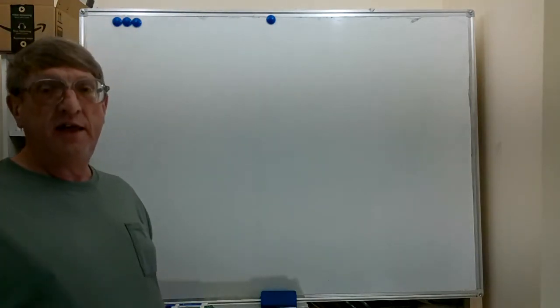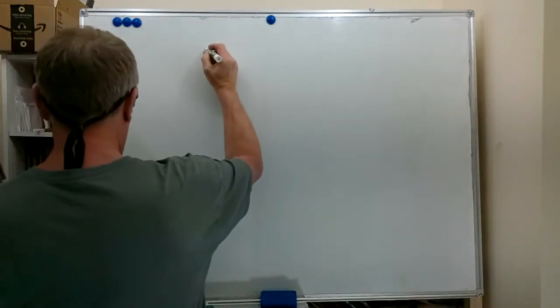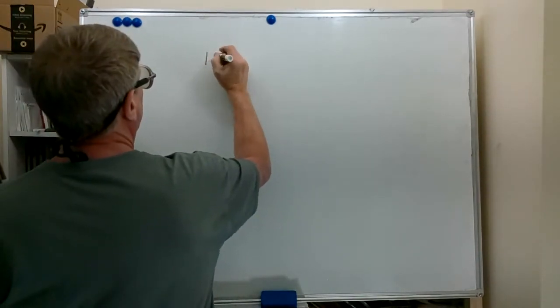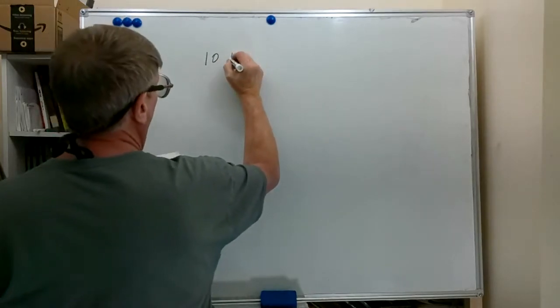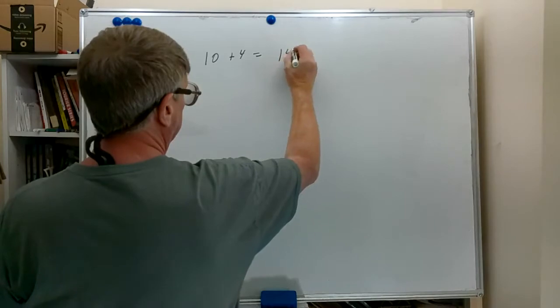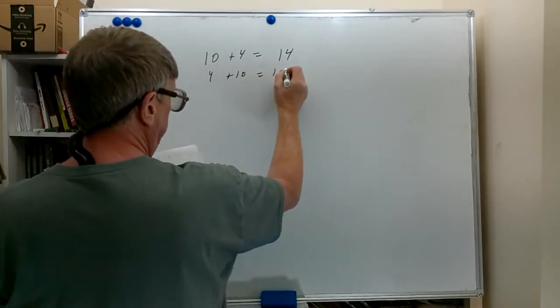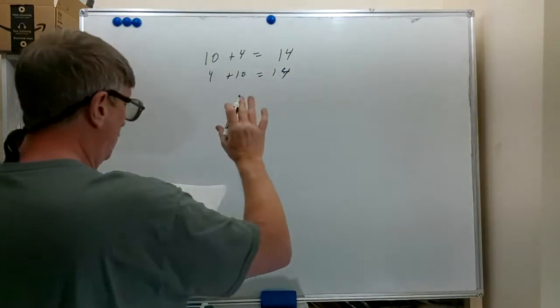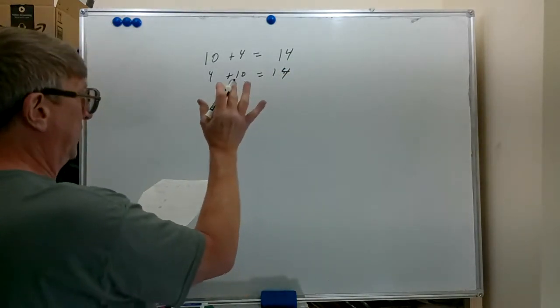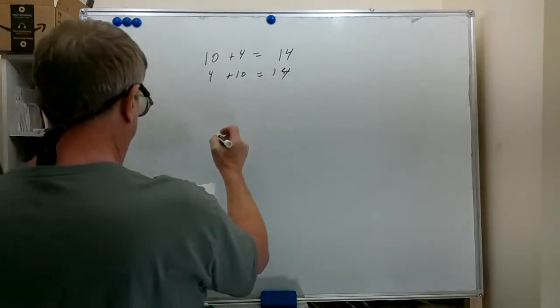Subtraction and division, now, they are not commutative. 10 plus 4, this is addition, equals 14. 4 plus 10 equals 14. So addition is commutative. The commutative law applies to addition.